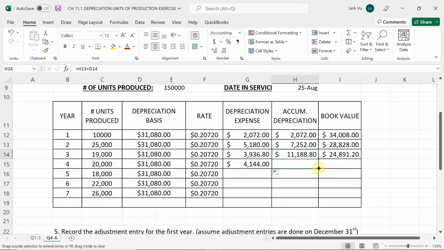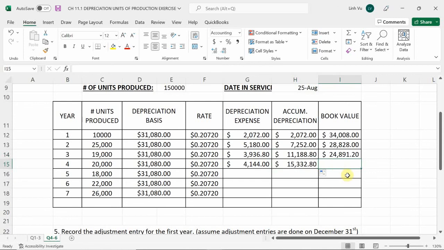How much depreciation have I racked up so far? $15,332.80. Correct.